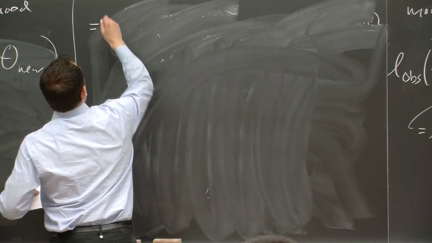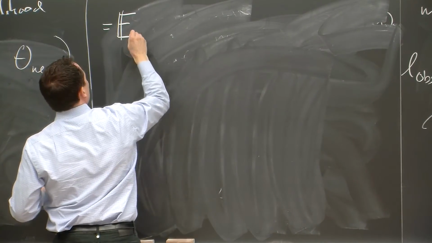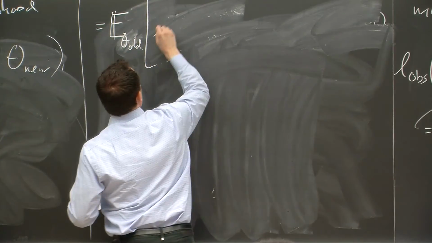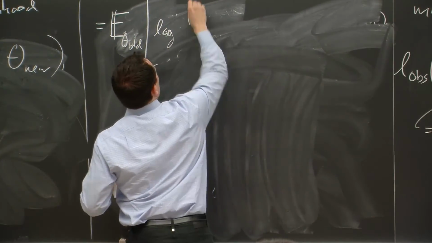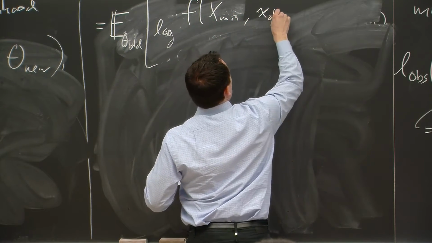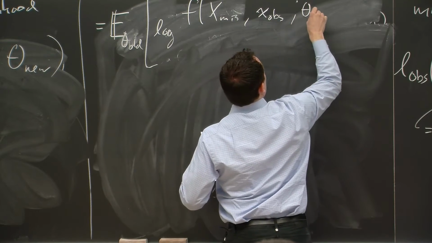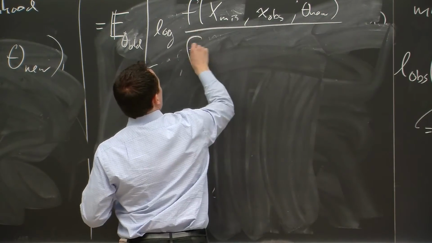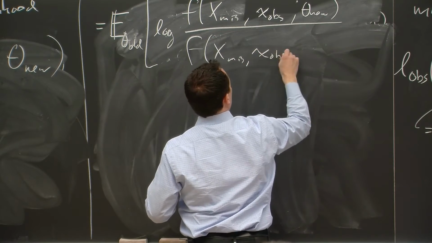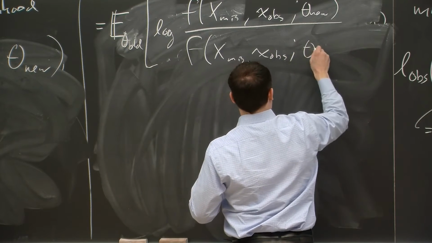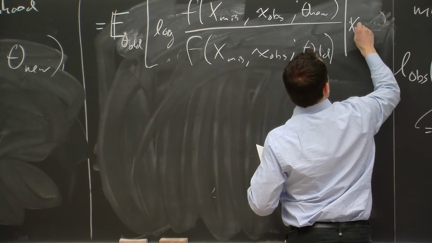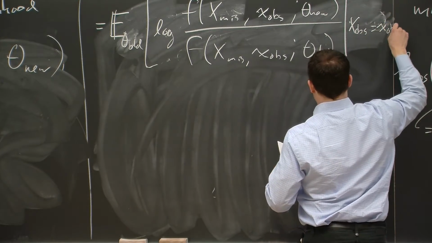So that's equal to the expectation under the old theta of the log of the density of X missing, little x observed, and theta new, divided by the density of X missing, little x observed, theta old, given that X observed equals little x observed.